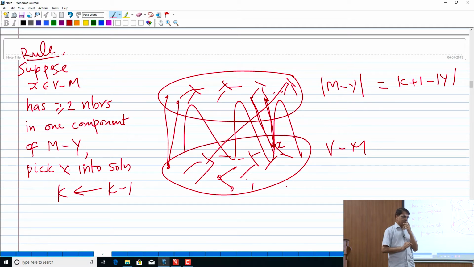What can you say about it, based on all the rules we have tried? Can it have two? Why not? Only if the two neighbors are in the same tree do we include it.